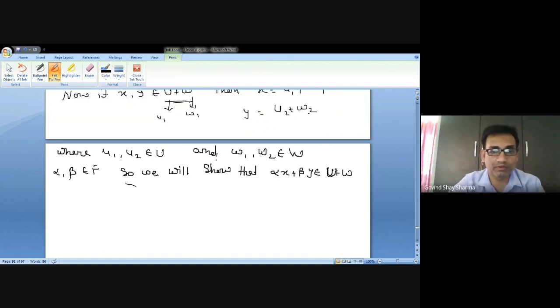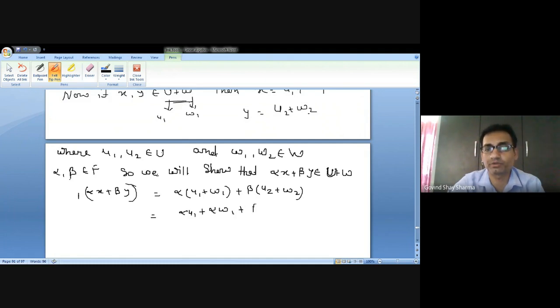So we put the values: alpha x plus beta y, with x as u1 plus w1 and y as u2 plus w2. We can say alpha u1 plus alpha w1 plus beta u2 plus beta w2.